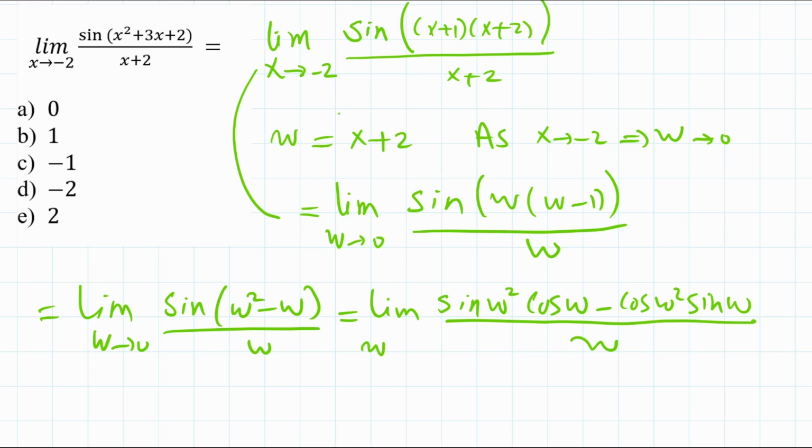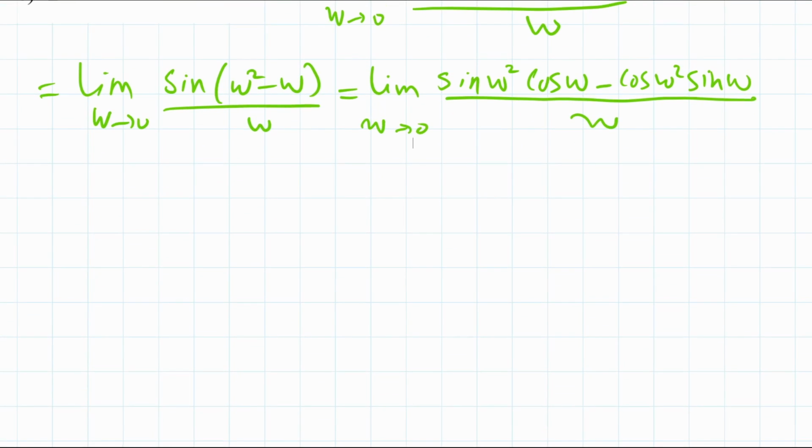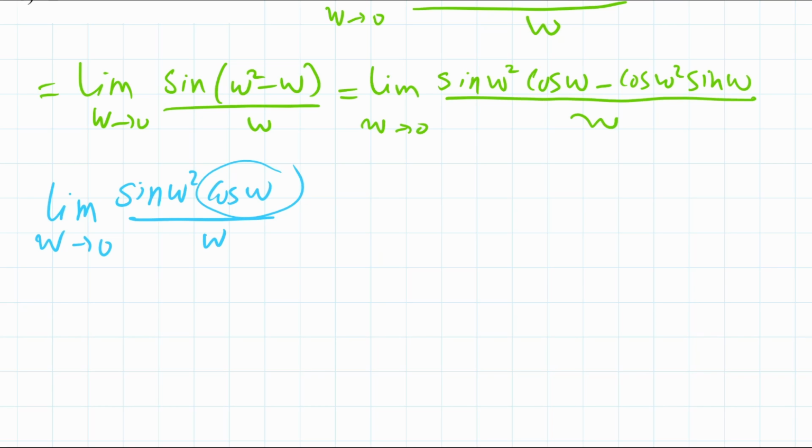So this is the limit as w goes to 0. Now looking at the two limits individually involved here, so we're looking at the limit of sine w squared cosine w over w as w goes to 0. Now there's no problem with the cosine w because as w goes to 0, that's equal to 1. But with this w squared here and w, we need to do something.